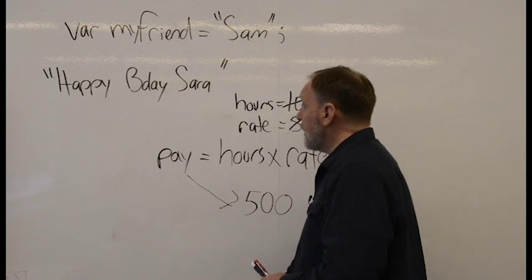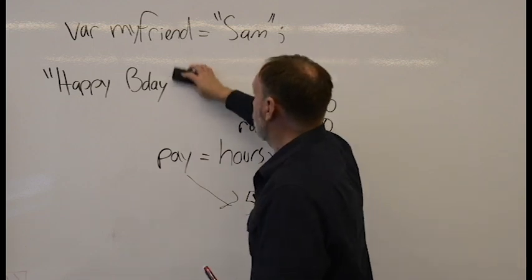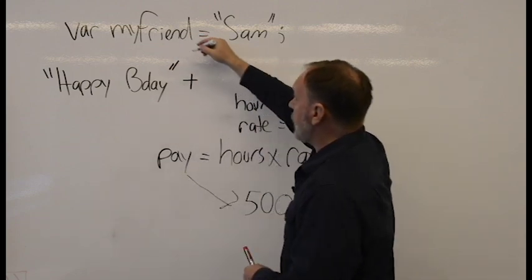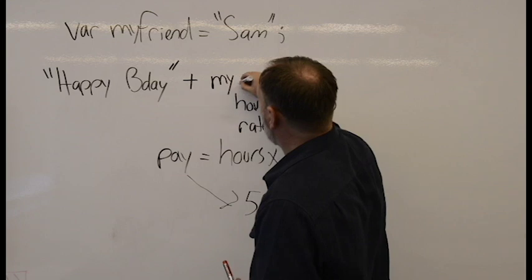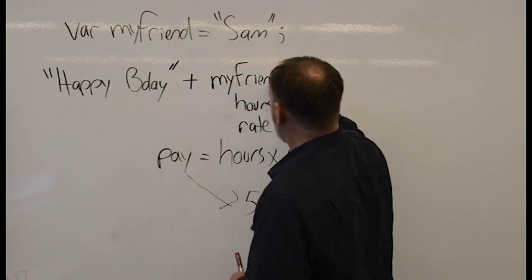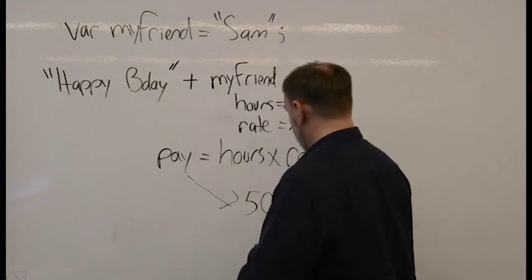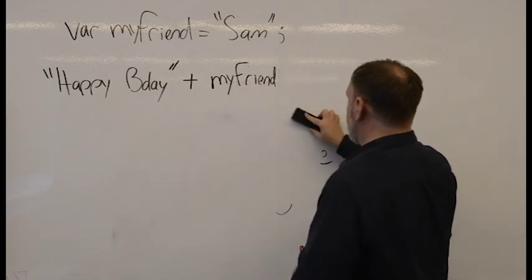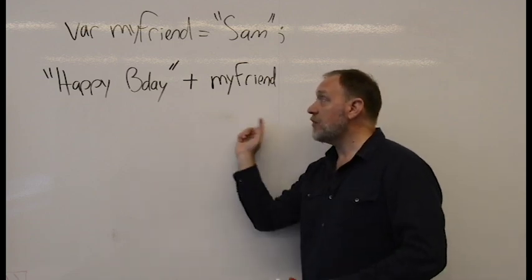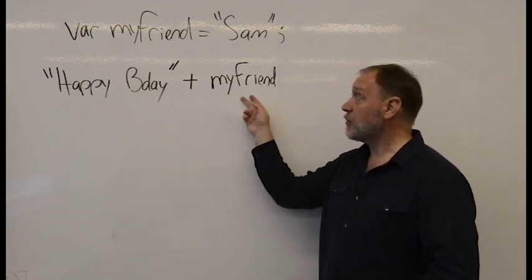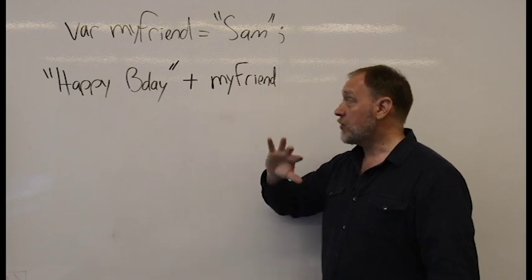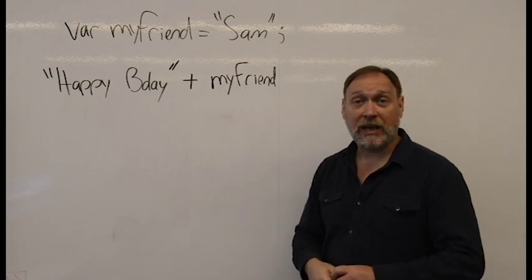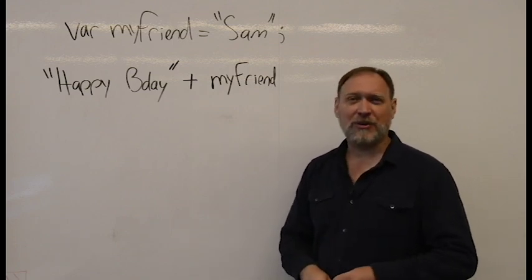Now, in our statement here, if we get rid of this, we can use our new variable, my friend. So in this case, our friend is Sam, but now we have the flexibility built into our formula of using a variable for an unknown value. So we can create one web page and have it handle anybody who shows up to the page. That's the power of using variables in your code.